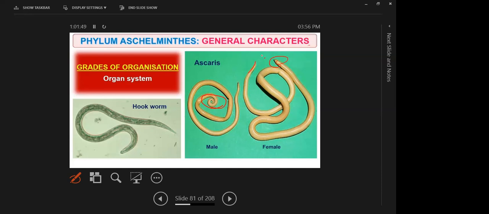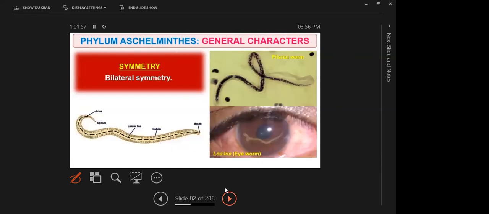In the female, there is no coiling here. So the male has this coiling. Bilateral symmetry. Example, filarial worm. Can you see this worm present in this person's eye? Yes. That name is Loa loa.